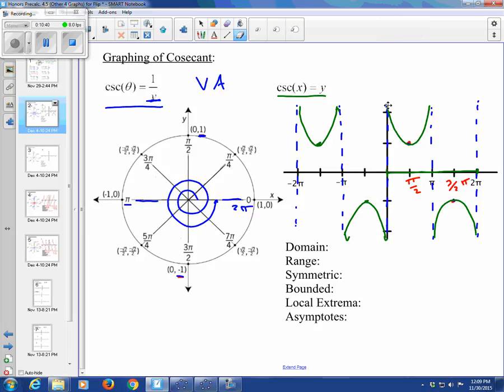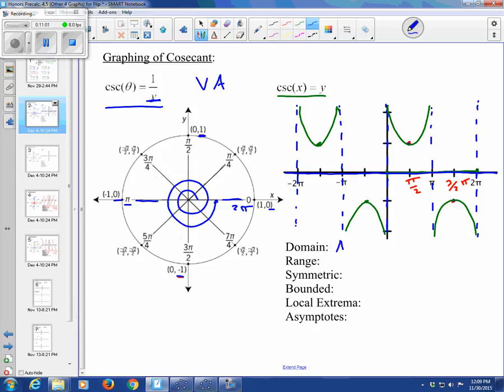So looking at the domain of the function cosecant, we can say that we're going to be able to evaluate all rotations as x values on the x-axis, except for those rotations that are giving us 0 y values in the denominator, so those integer increments of pi.